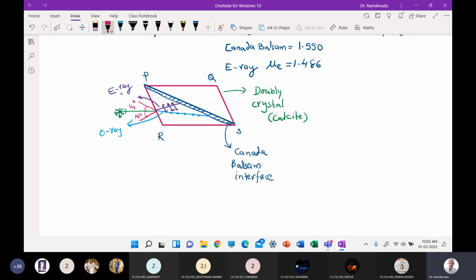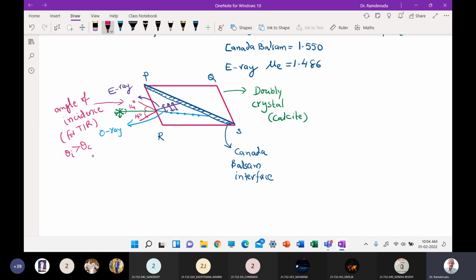This angle of incidence is important for TIR. If theta I, the angle of incidence, is greater than theta C, then we will get total internal reflection.